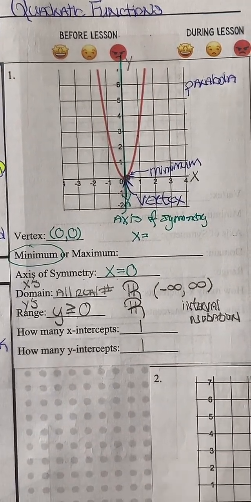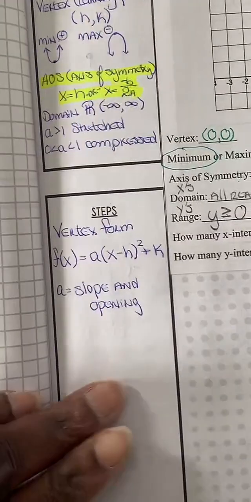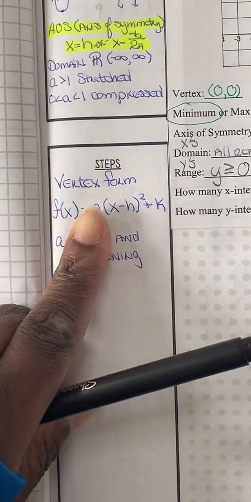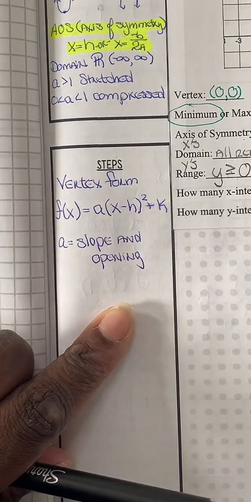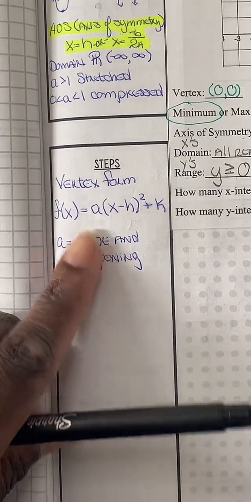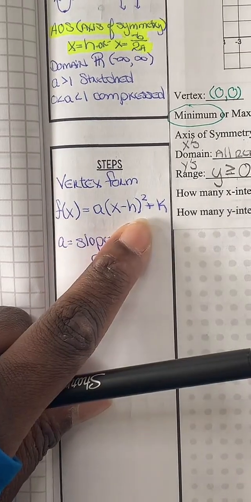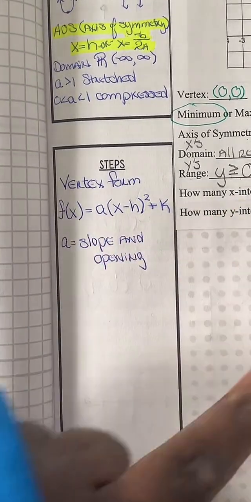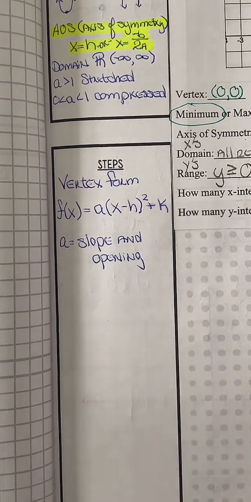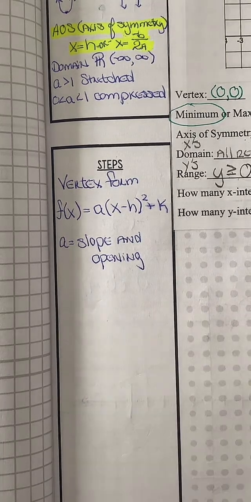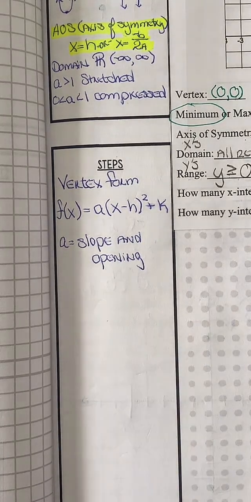We can do it in what's called vertex form. We're going to look at things in standard form, and I'm going to show you how to put it in vertex form. And then we're going to do some more practice with the graphs. That's what's on our agenda for this afternoon or morning or evening, wherever you are.